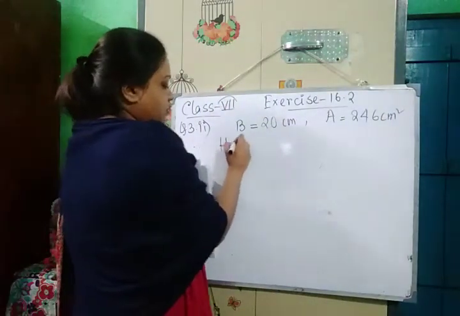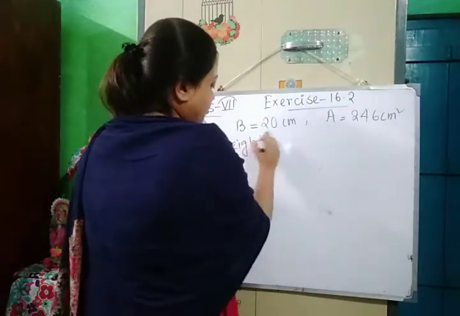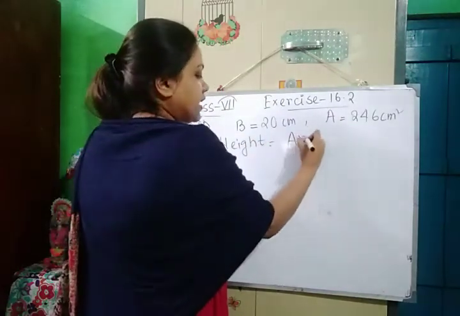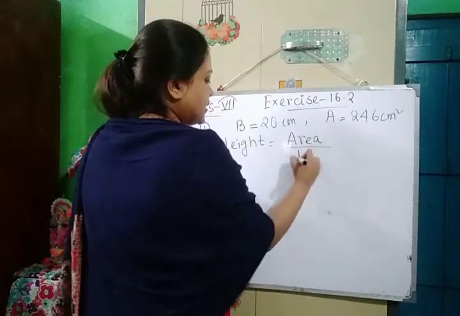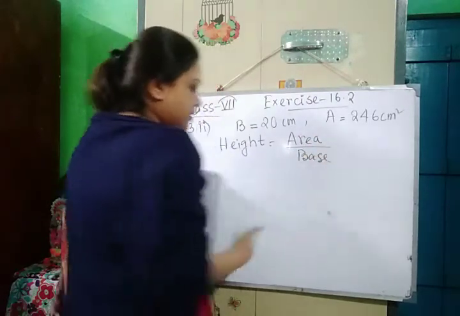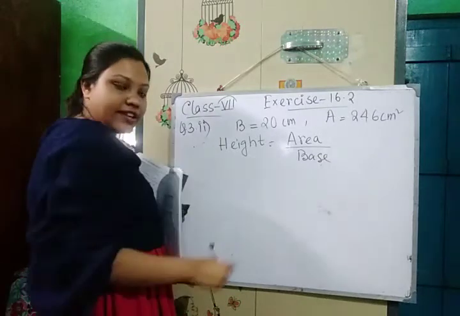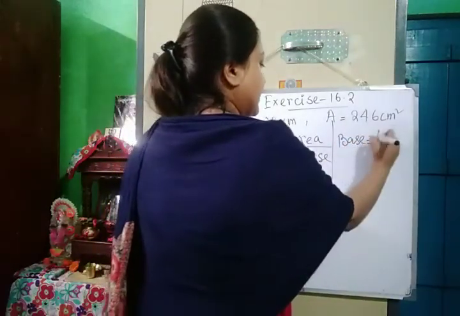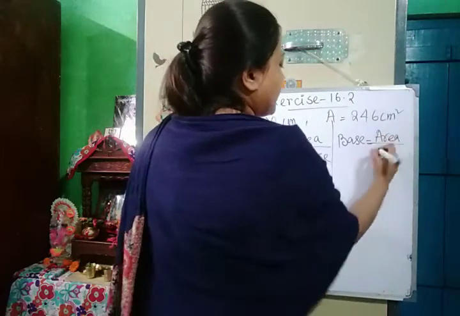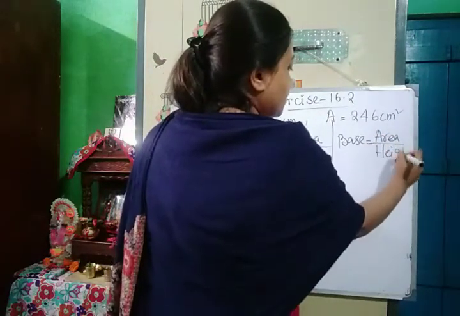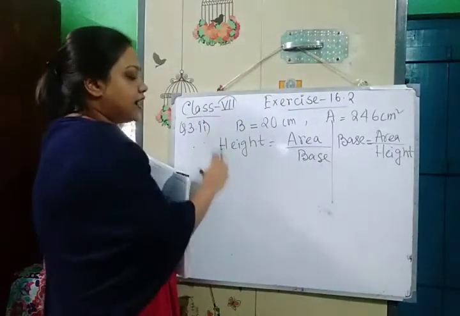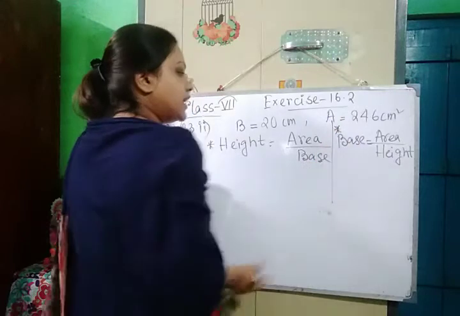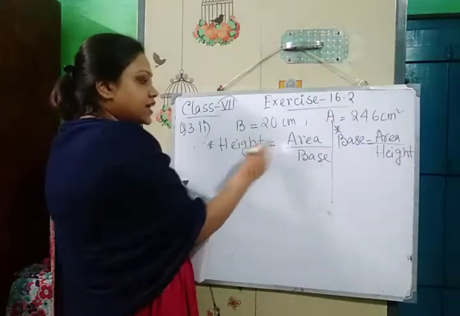Okay. So the formula to find out the height, when the base and area is given, is area divided by base. So height equals area divided by base, and base equals area divided by height. These two formulas you need to know also. So we are finding out the height.